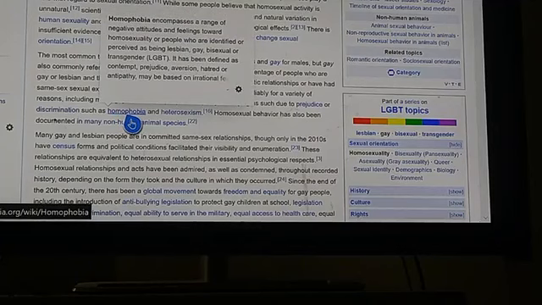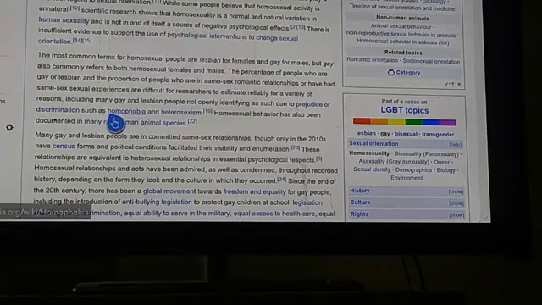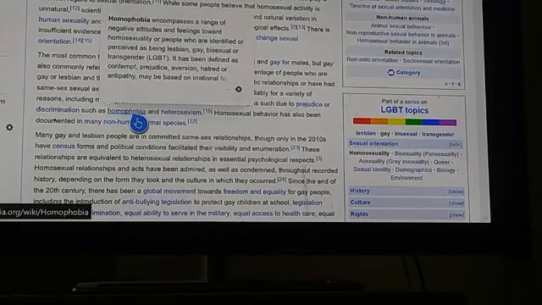Phobia is something you're afraid of, bro. Phobia is something that you have a fear of. I have no fear of any gay people. I'm sorry, so that's not even a real thing, homophobia. Negative attitudes and feelings towards homosexuality or people who are perceived as being gay.